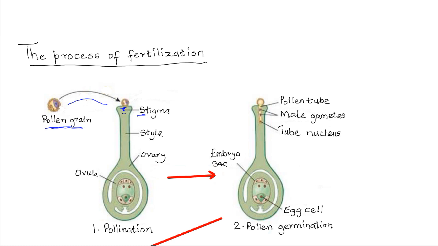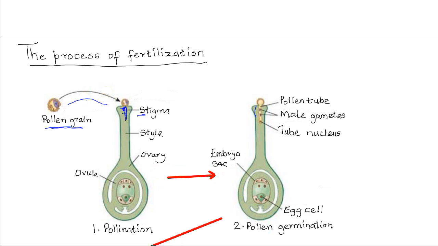thereby producing an extension known as the pollen tube. So the pollen grain germinates to produce a tube that grows into the style.